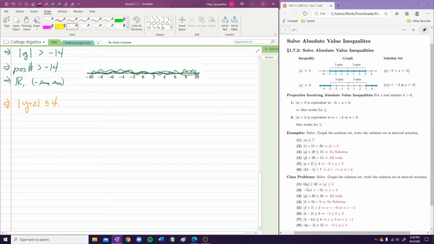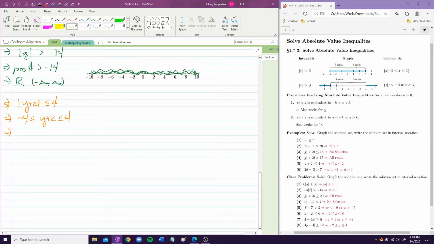So when I solve for this, with absolute values, we have to make sure our absolute value is isolated. As we can see, it is isolated. So now we're just going to rewrite this in its equivalent form. The absolute value of y plus 2 less than or equal to 4, I can write as y plus 2 being between negative 4 and 4, and then we carry the signs, it's less than or equal to.